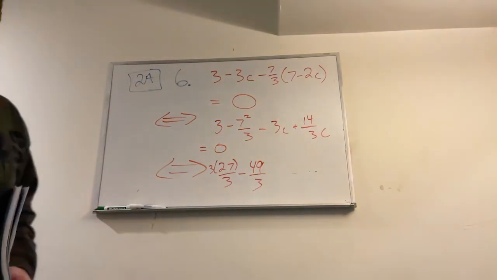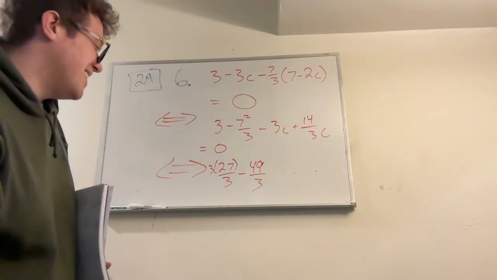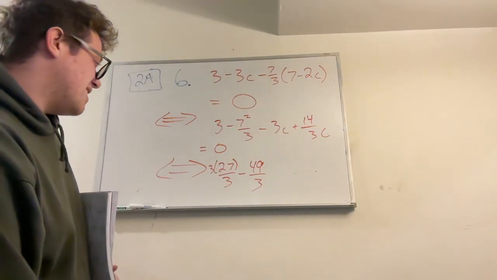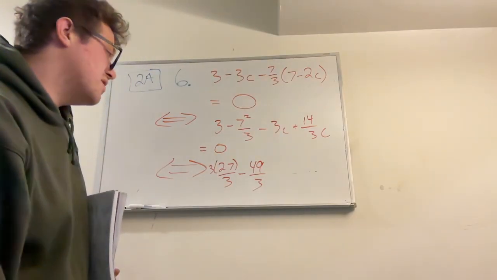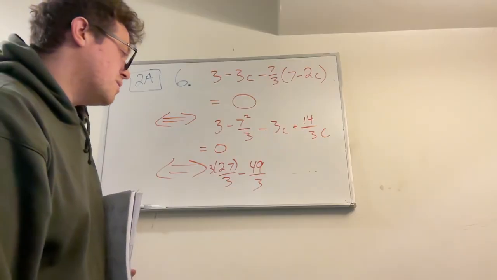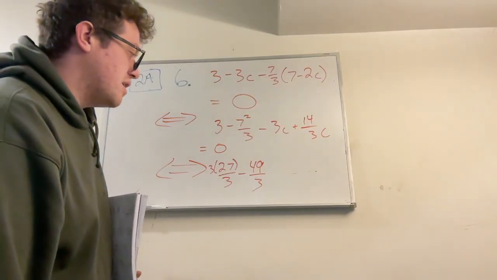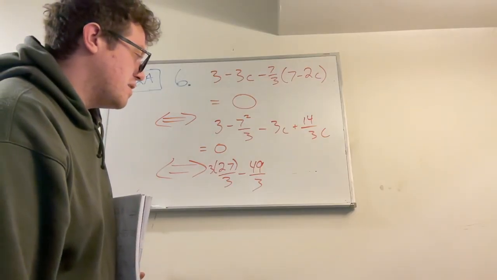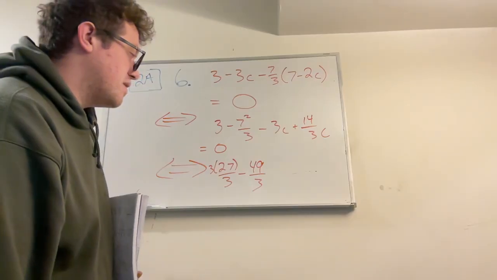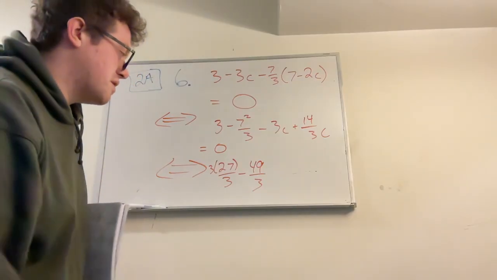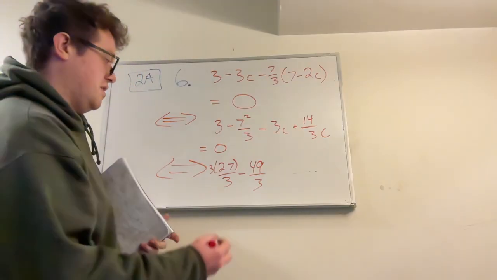So what is that? 81 thirds. 81 minus 49. 32 thirds. Did I do that right?